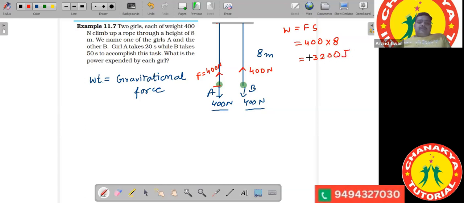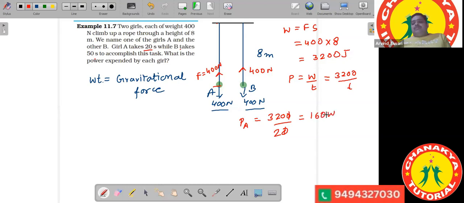Now we can compute the power by the formula work by time. Work over here is 3200 joule divided by time, and the time is given as girl A takes 20 seconds and girl B takes 50 seconds. First, the power of girl A will be 3200 divided by 20, which is equal to 160 watt.